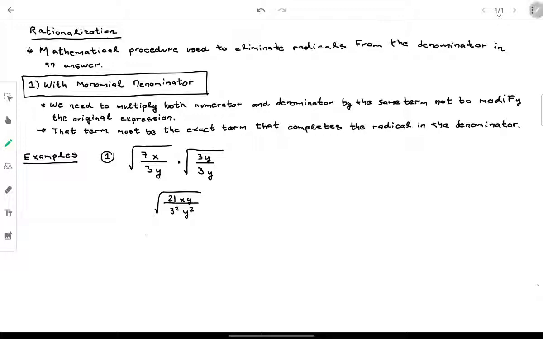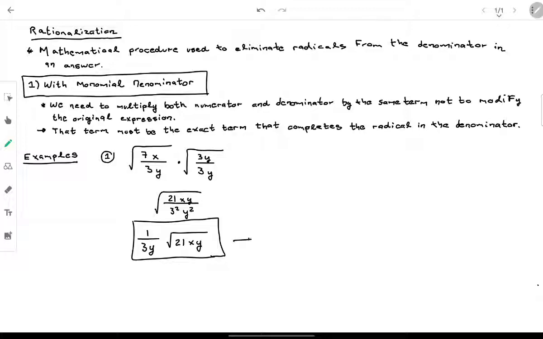I will take out a 3 and a y, and on the inside part, I will still have 21xy. And if you check, with this little process, we were able to eliminate the root from the denominator. We will have roots only on the numerator part.